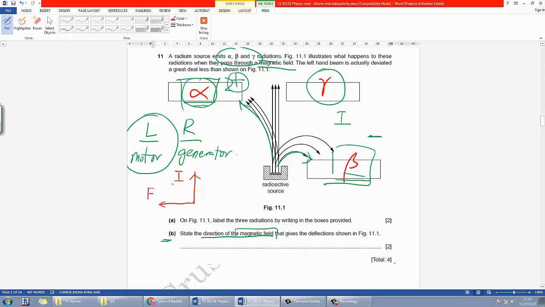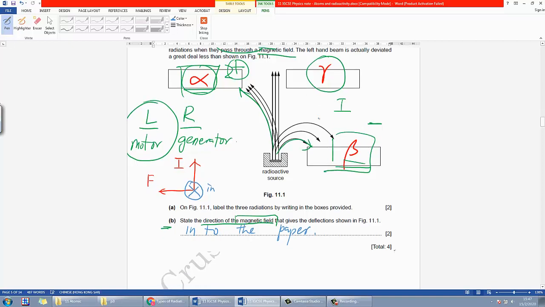So if you take out your left hand, FBI: I is up, F is going to the left, and so B will be going inside, okay, going in. So you may say the direction is into the paper. Okay, so yeah, that would be the answer.